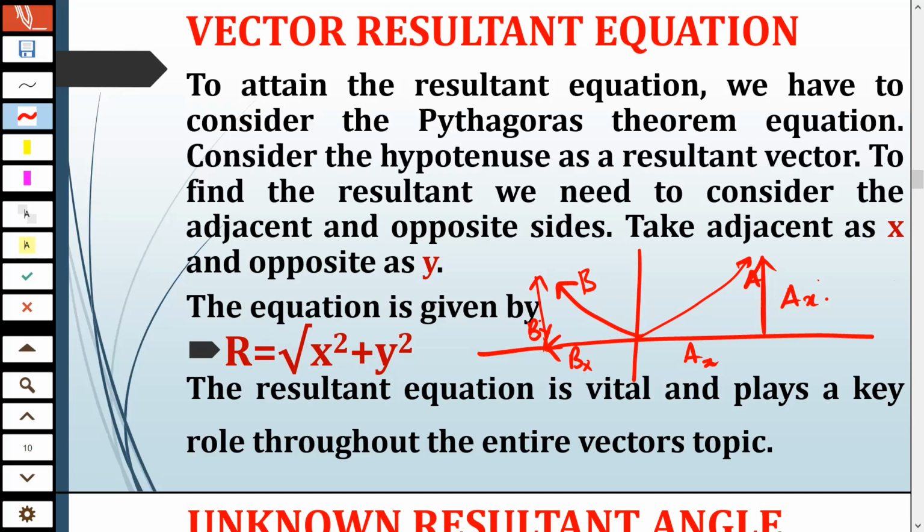After finding the components, the next thing you need to do is to find the summation of these forces in the X, and also the summation of the forces in the Y. In the X, we have AX and BX, but B is facing towards the negative side of the X-axis, so we say negative B in the X. And in the Y, we have A facing towards the positive Y-axis, and B is also facing towards the positive Y-axis, so all these are positive.